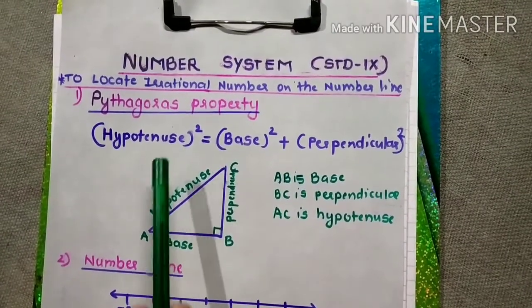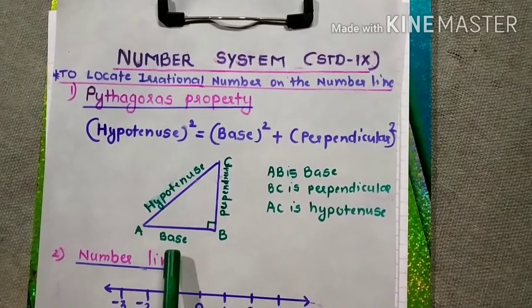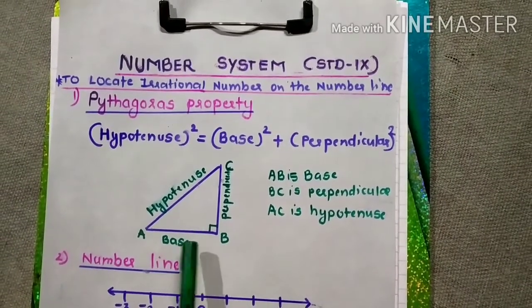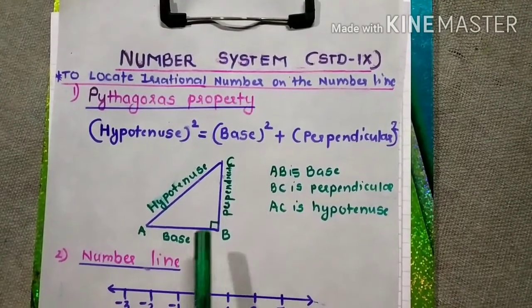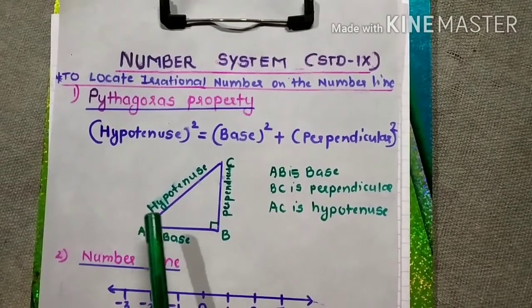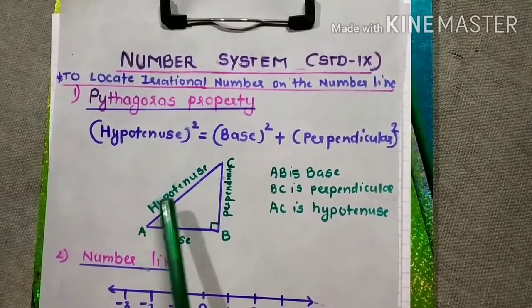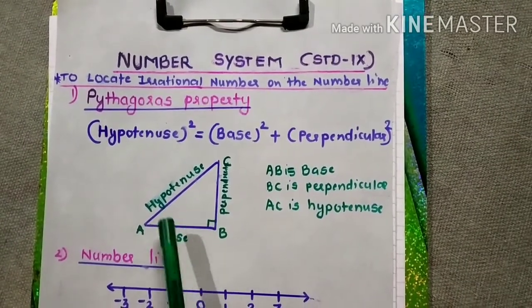In order to understand this, I have drawn one right angle triangle here. In this right angle triangle, there are three sides: perpendicular, base, and hypotenuse. Hypotenuse is the longest side of a right angle triangle. How to remember hypotenuse?